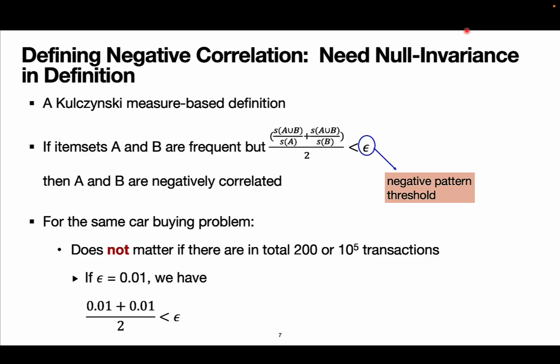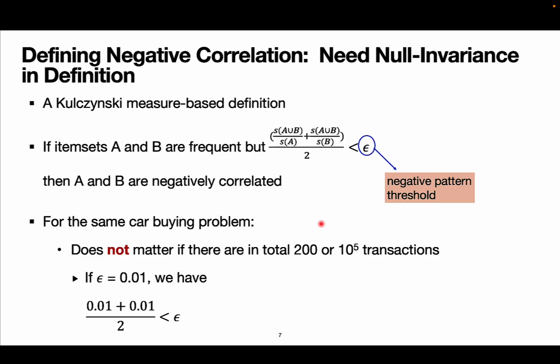To avoid the effect of null transactions, we pick a null-invariant measure like Kulczynski, which finds the average of support A and B over support of A and support A and B over support of B. This quantity needs to be less than epsilon, which is the negative pattern threshold.